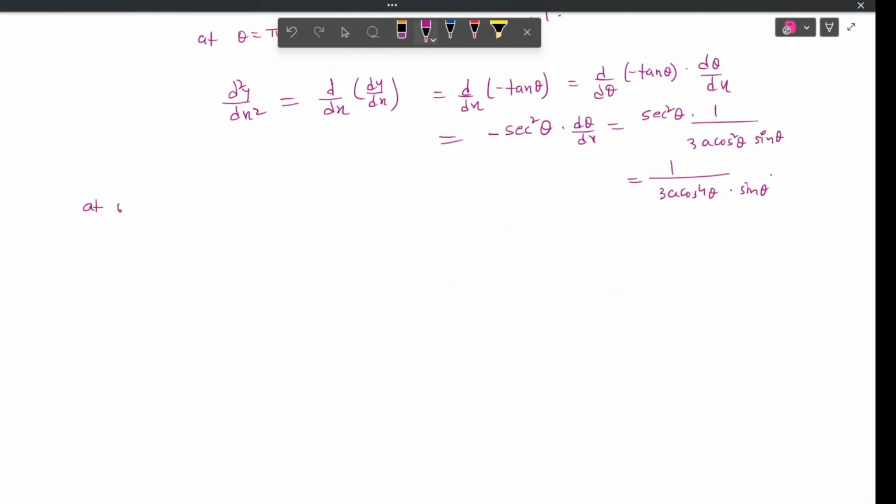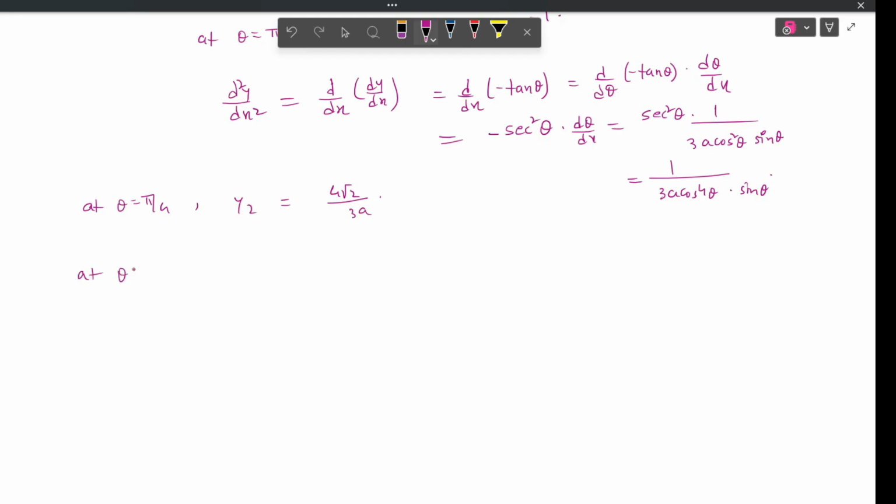So at theta equals pi by 4, this y2 would be, cos of pi by 4 is 1 by root 2 to the power 4, and sin of pi by 4 is 1 by root 2. After simplification, you will get 4 root 2 by 3a.